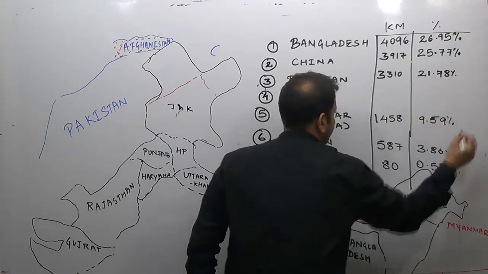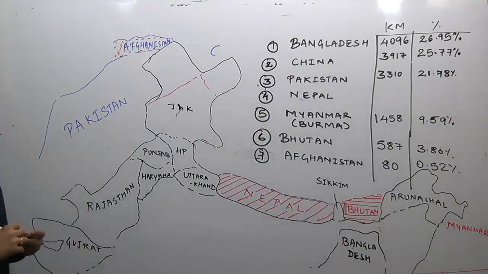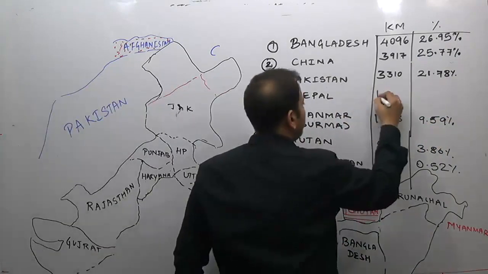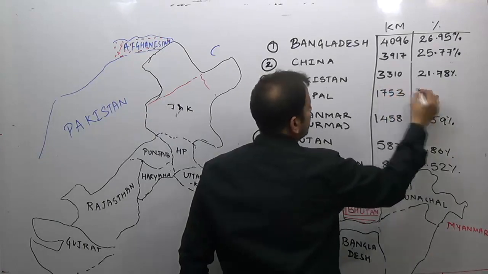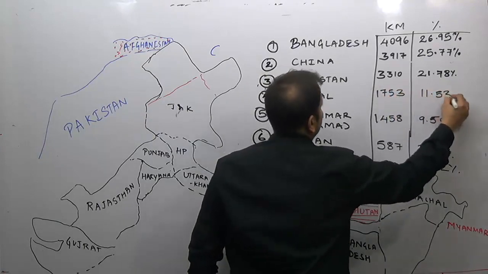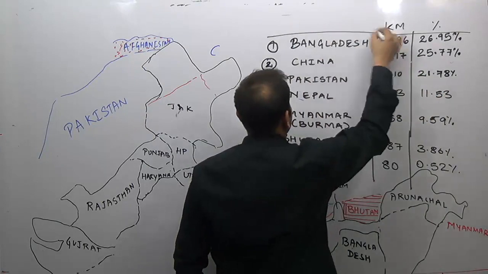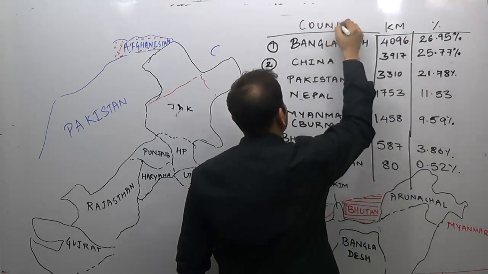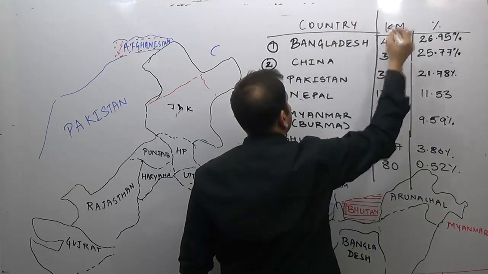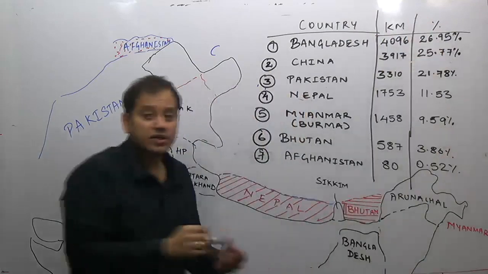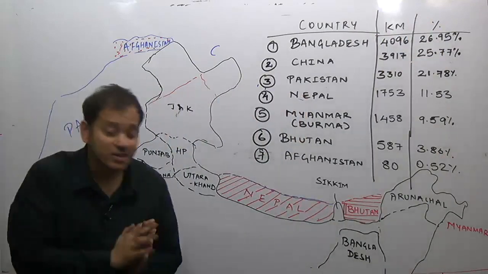And with Nepal, we share around 1752, which forms around 11.53%. So this is how our share of land boundary is. Now let us look at the map.